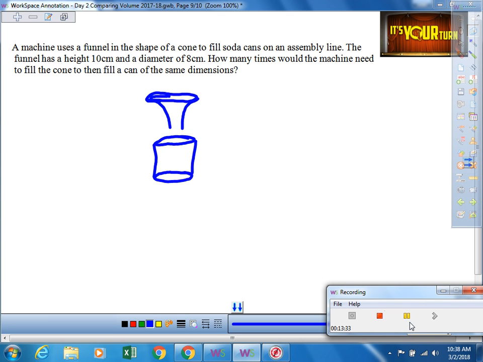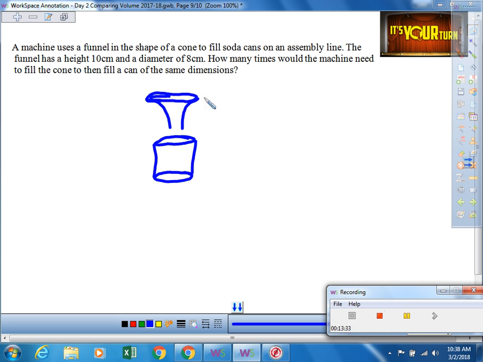Okay. All right. Let's see. Bryce, what do you think? Why is it 3? Took 3 cones to fill a cylinder. You sounded like the guy on the video.